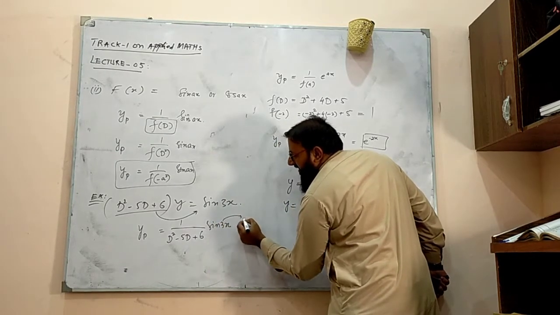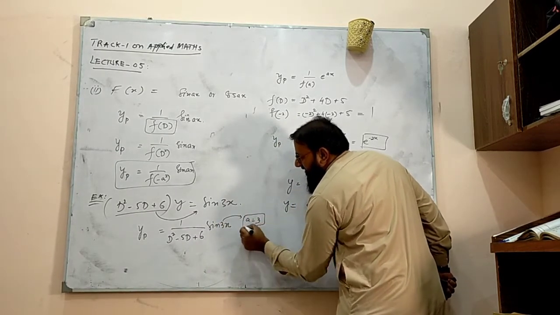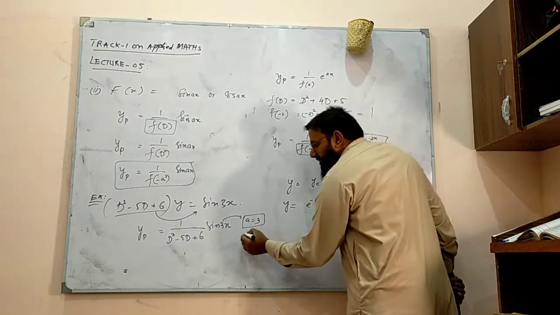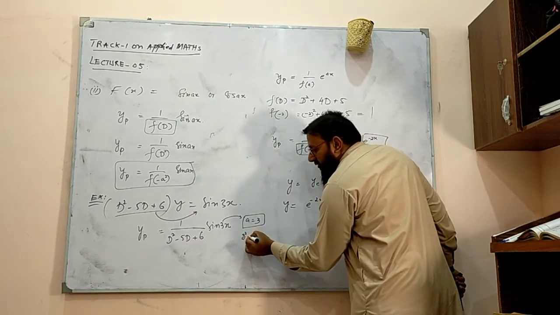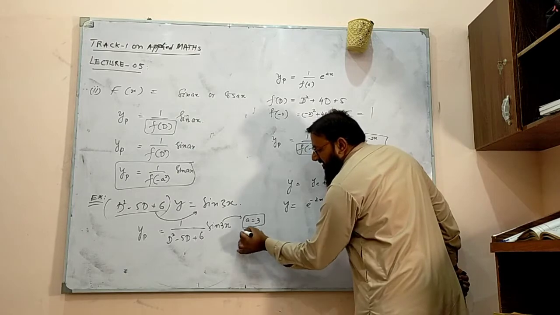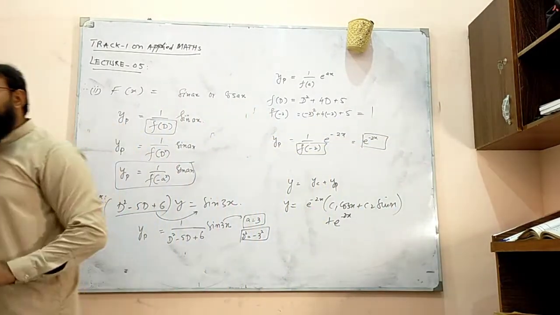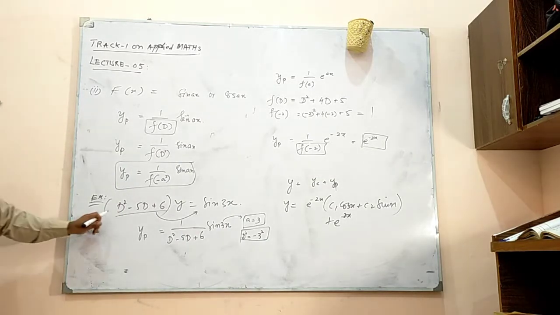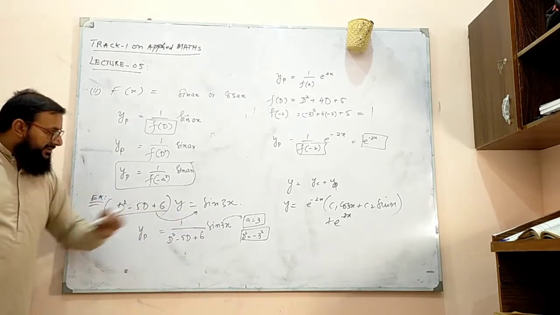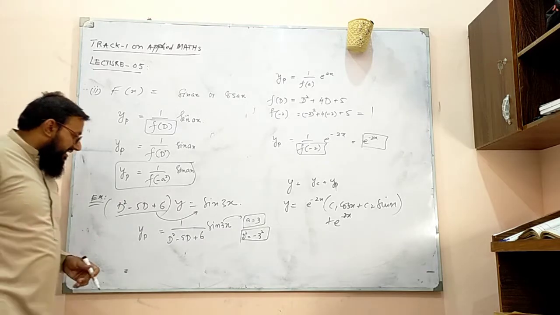What is the value of a? The value of a is 3. What you will do, at the place of d square you will put minus 3 square, and d will be left as it is. So this d square becomes minus 3 square, which is going to be minus 9.